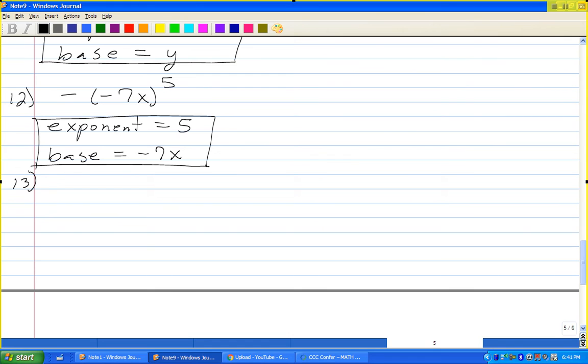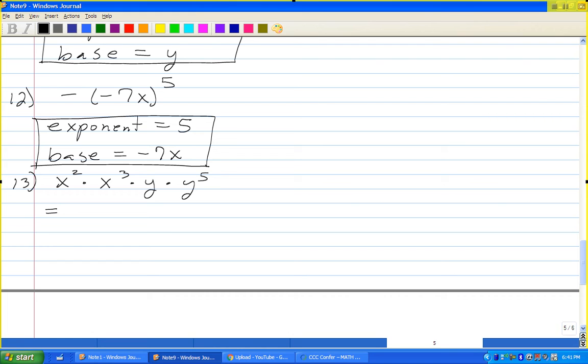x squared, x cubed, y to the fifth. In exercises 13 through 36, simplify as far as possible using the product rule. Okay, so let's just use these properties of exponents.